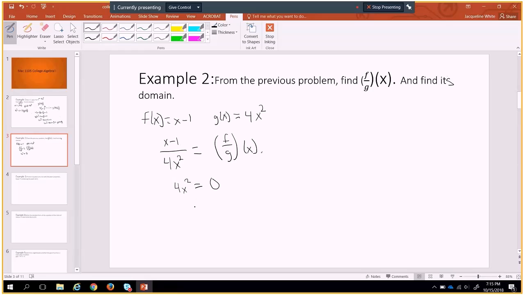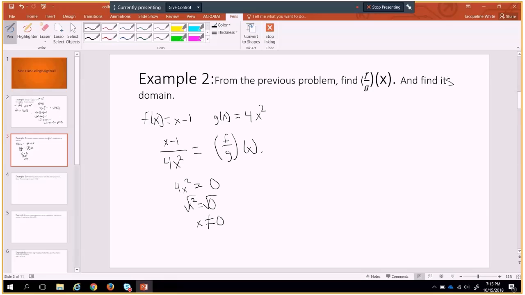Divide by 4 on both sides, and we still get x squared is equal to 0. Square root both sides, and we get that x is equal to 0. But we don't want x to be equal to 0.